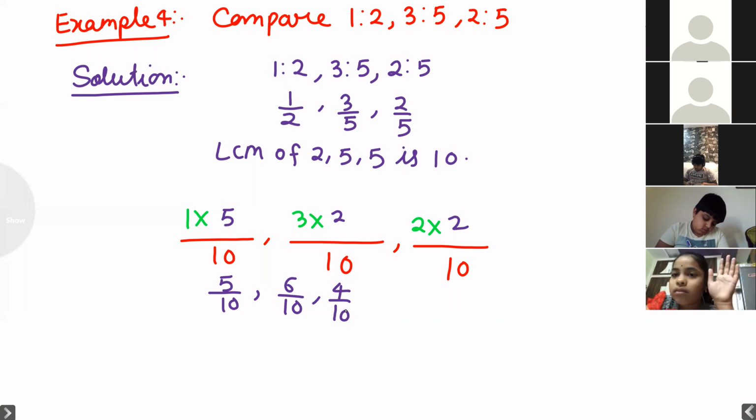Now I want to compare. Compare means which one is greater value here. In this, which one is greater value? 6 by 10, right? 6 by 10 is greater. Next 5 by 10. Next 4 by 10. Now what is 6 by 10? 6 by 10 is the second ratio, 3 is to 5.